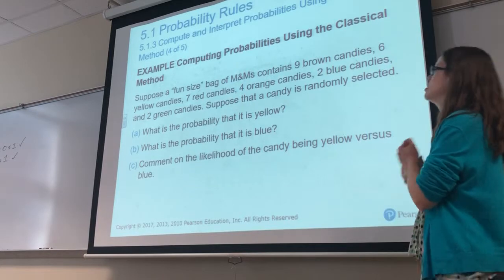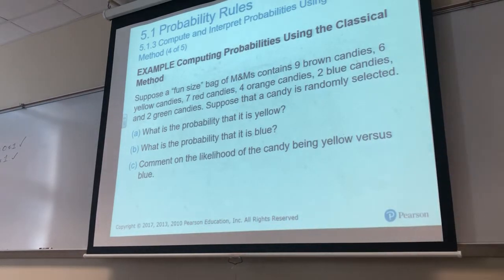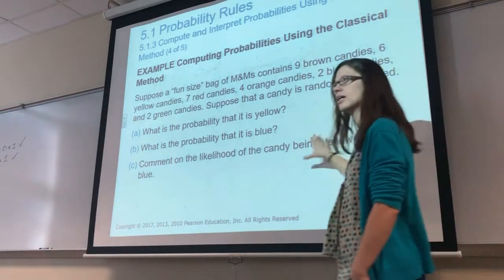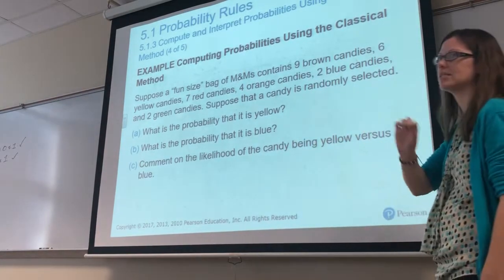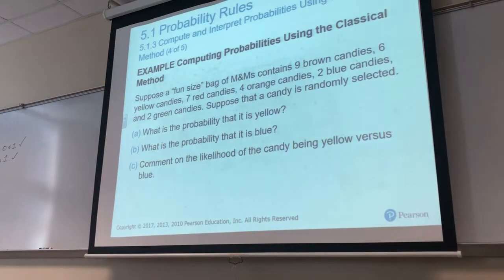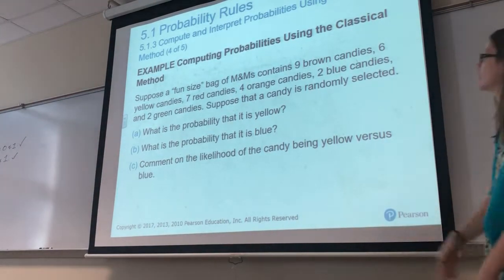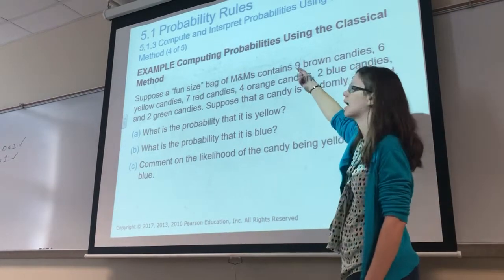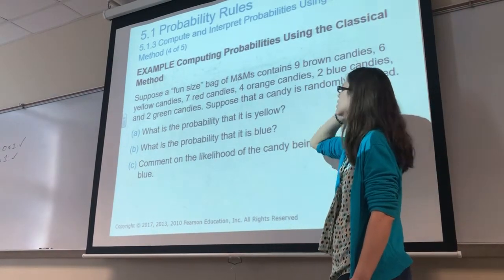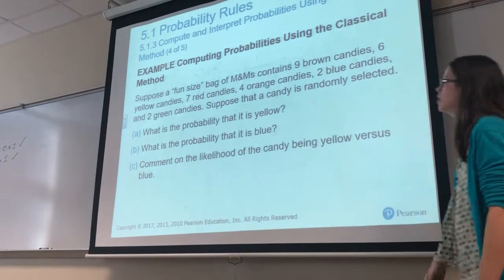Our sample space isn't necessarily brown, yellow, red, orange, blue, and green, because not all of those colors are equally as likely, but each M&M that you see in the bag is equally likely to be drawn. So that's why this one's technically a classical method, because each M&M is equally likely to be drawn, not necessarily each color. The color isn't a simple event, because here the event, drawing a brown candy, there's 9 candies that are in that event.